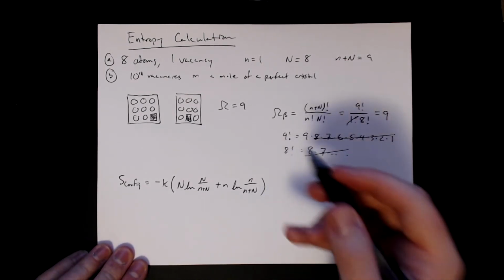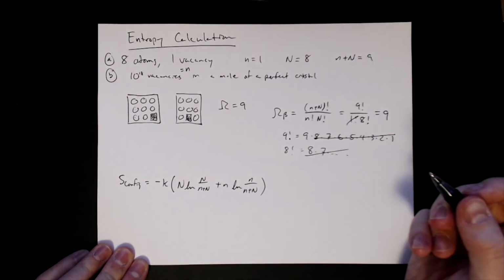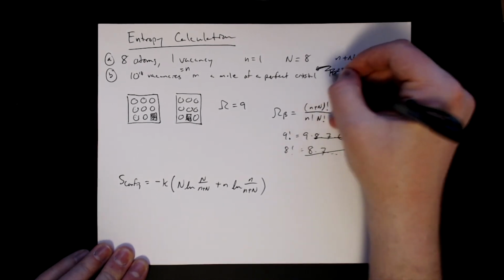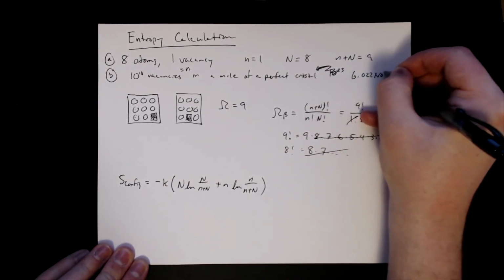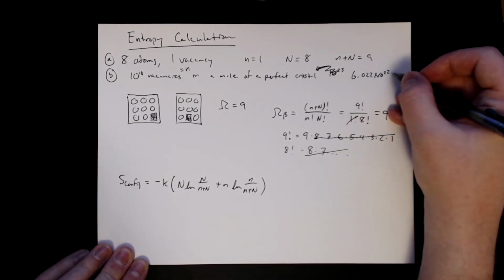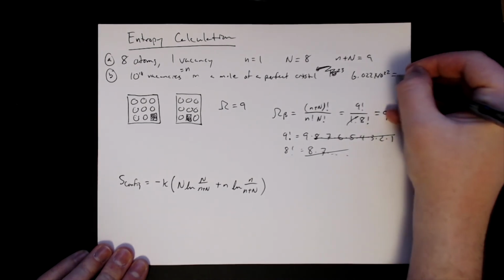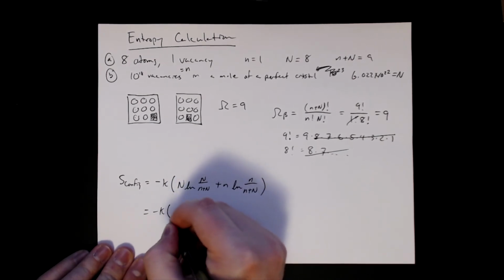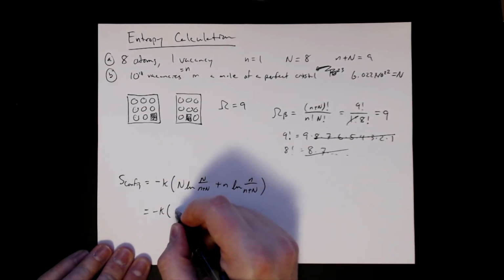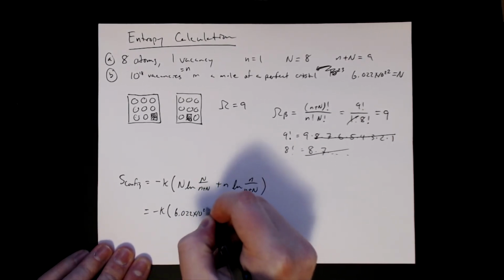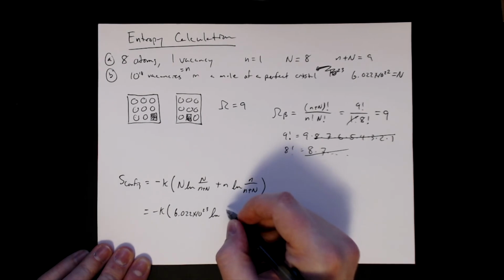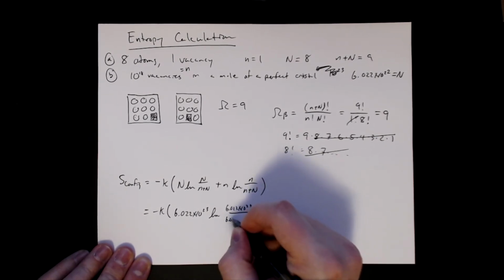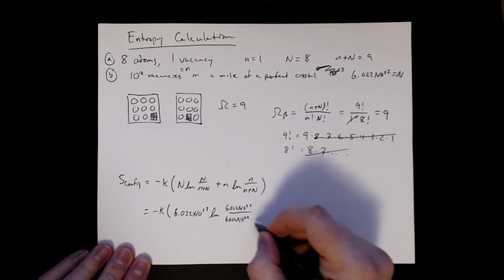So now we have n equal to 10 to the 18, and N is 1 mole, so 6.022 times 10 to the 23rd is 1 mole, and this is going to be equal to N. So here, if we plug those two numbers into our expression, it is going to be 6.022 times 10 to the 23rd times natural log of the same number over that same thing plus n.